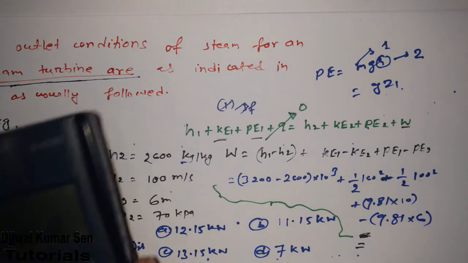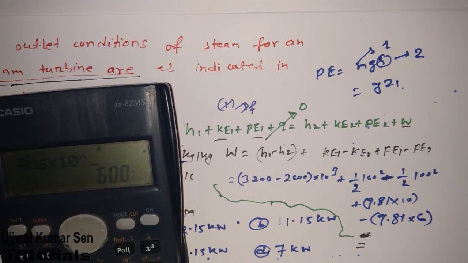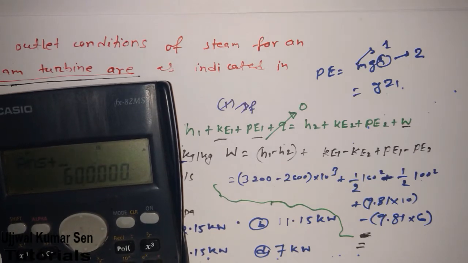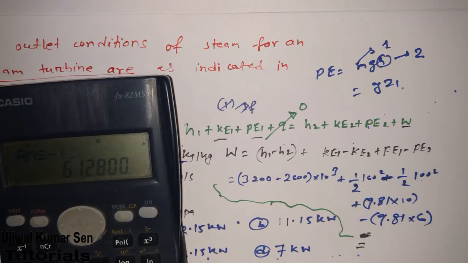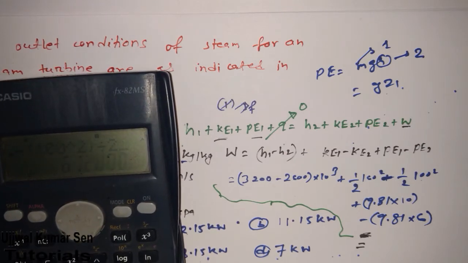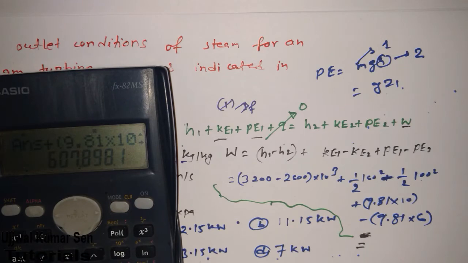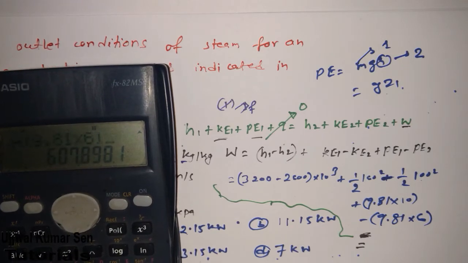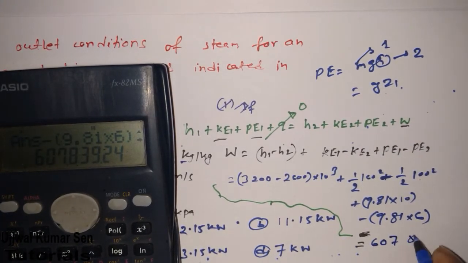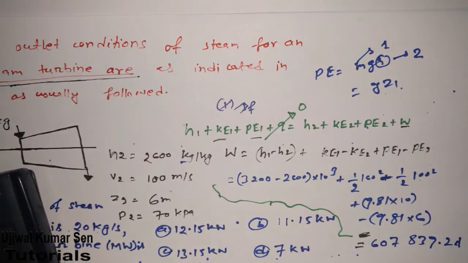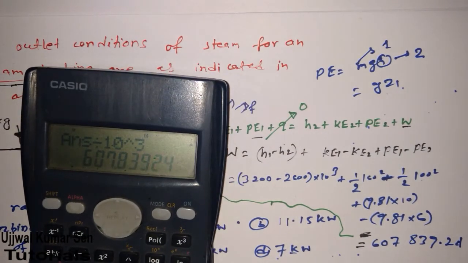So we calculate first: 3200 minus 2600, multiplied by 10 to the power 3, plus 160 square divided by 2, minus 100 square divided by 2, plus 9.81 multiplied by 10 minus 9.81 multiplied by 6.